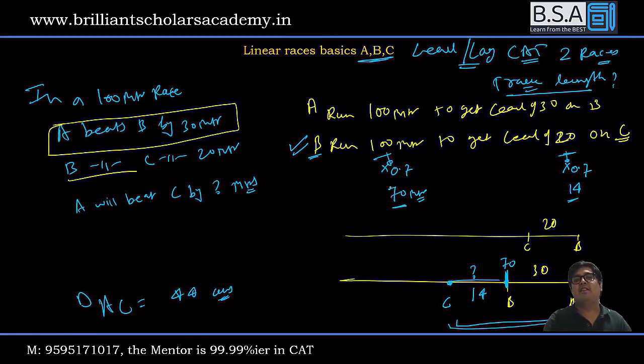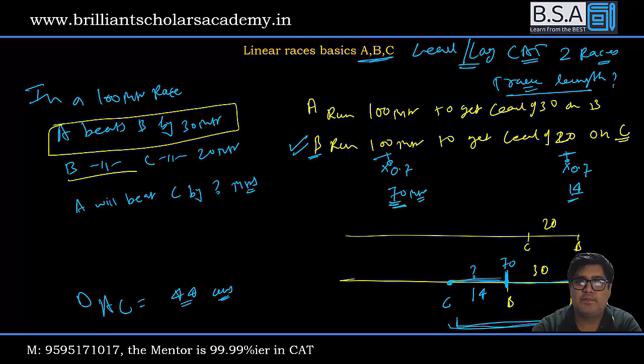When B travels 70 meters, B will lead by 14 meters. So B is 14 meters ahead of C. So what is the gap between A and C? 30 meters already there plus 14. That is 44 meters. Lead lag approach. This kind of thinking is very useful for complex questions. Write this down, we'll see more questions.